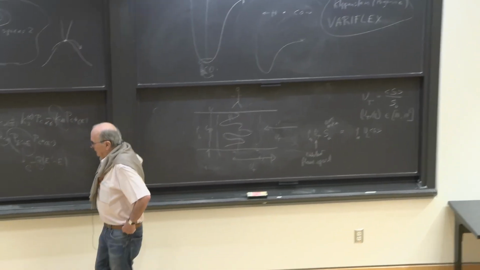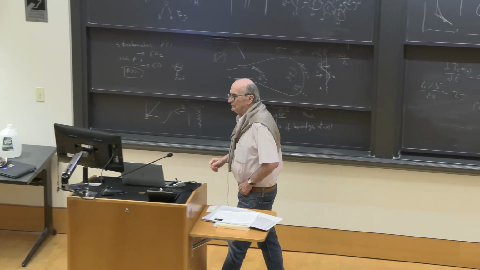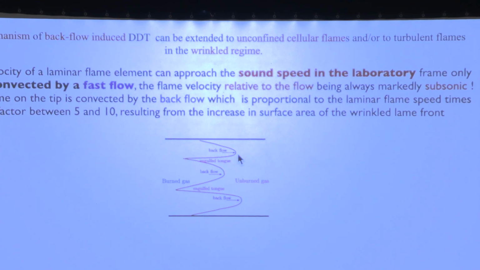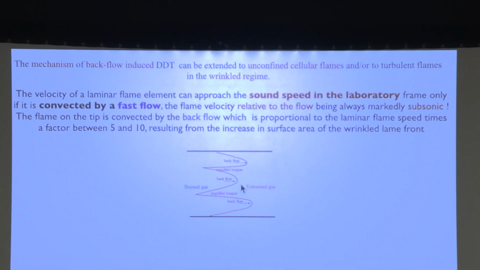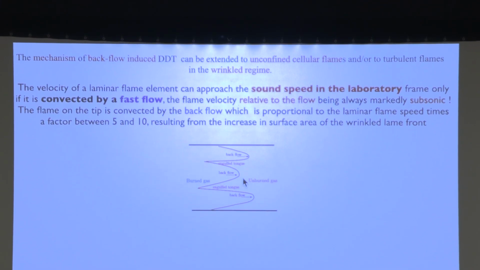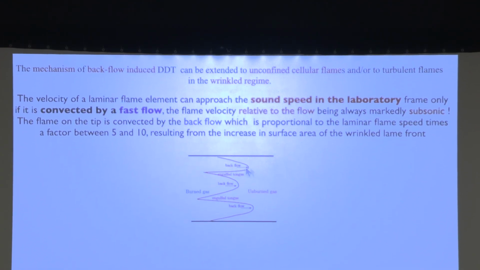Now, if you consider the tip here, if you assume that the tips are on average propagating with this strong velocity, this is not possible, because you are laminar here, except if you have a backflow.